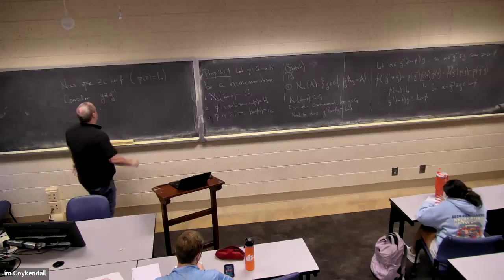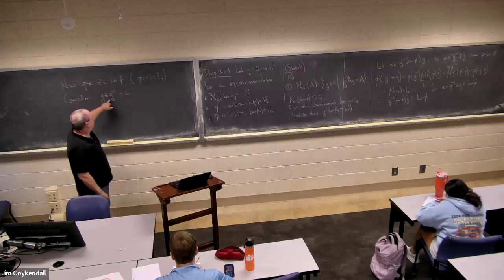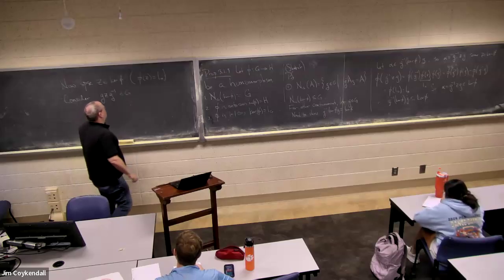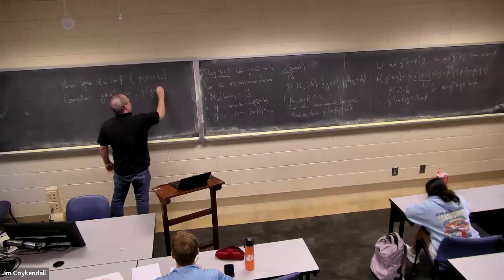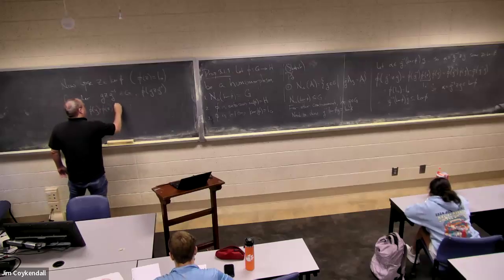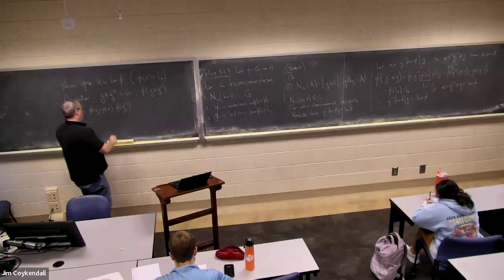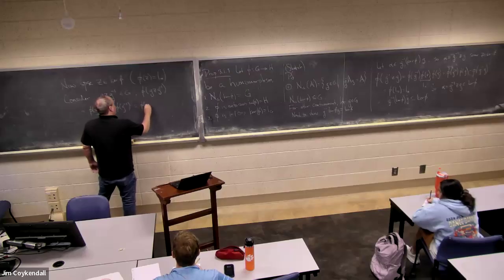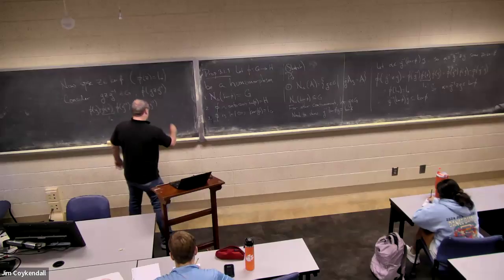Notice that this is an element of G, because g is in G. Notice that phi of g c g inverse is phi of g, phi of c, phi of g inverse, and this is almost like the previous one. This is the identity. This is phi of g inverse. Almost like this, except the g's and g inverse are in the other order.